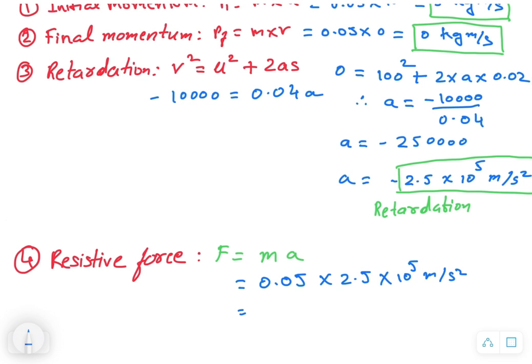Actually, this is retardation because it is acting in opposite direction to the direction of the bullet. So the final answer will be 12.5 multiplied by 10 raised to 3 newtons. Or you can also write it as 12,500 newtons. This is the final answer.